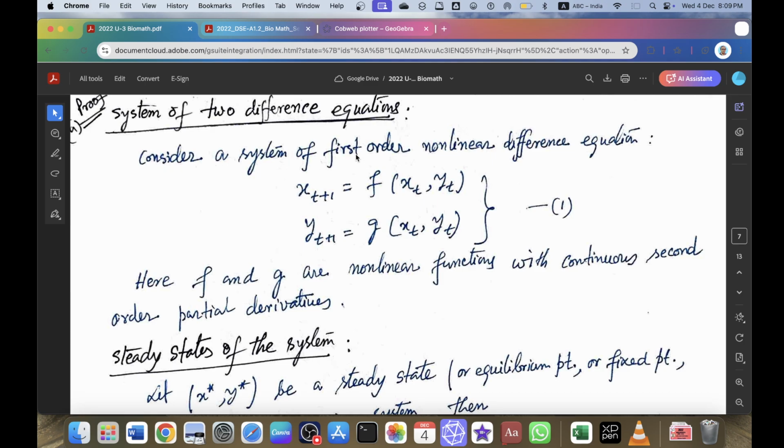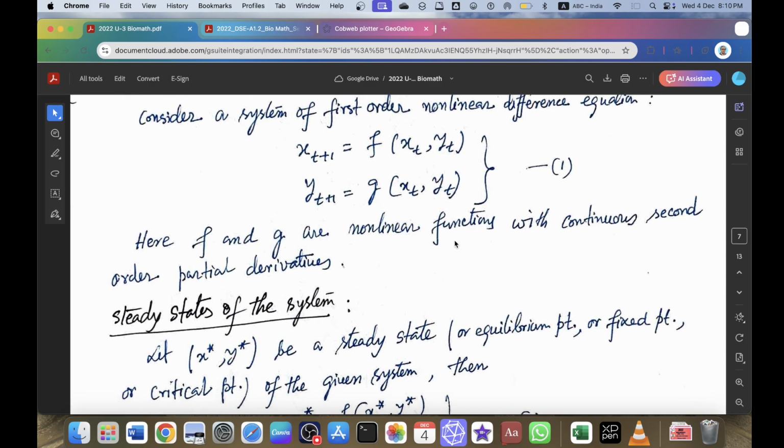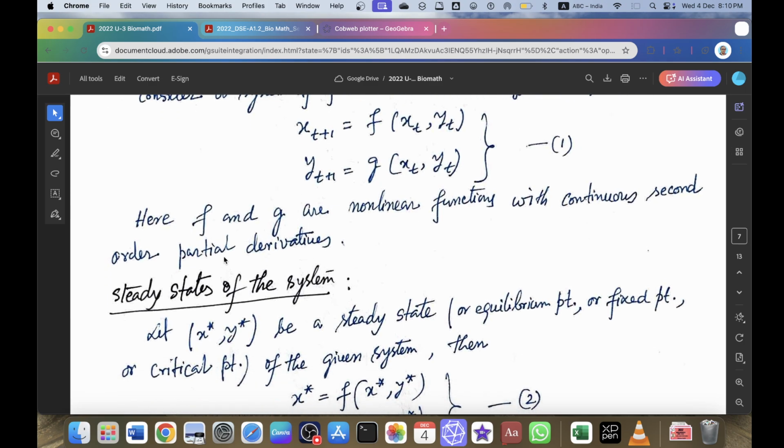Consider the system of first order nonlinear difference equations. Here we replace t by n, so x(n+1) = f(xn, yn), y(n+1) = g(xn, yn). Here f and g are nonlinear functions with continuous second order partial derivatives.